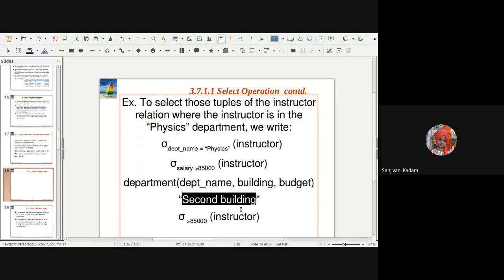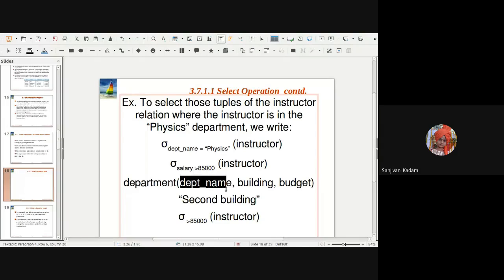Second building, could this value be applied to department name? No, my department name cannot be a second building name. Could it be applied to building? Yes, building can be second building also. So this value cannot belong to the department name.